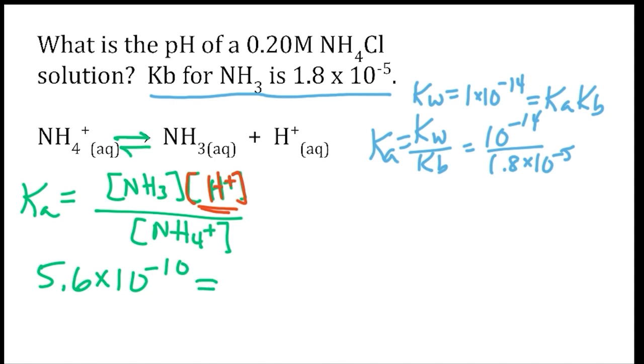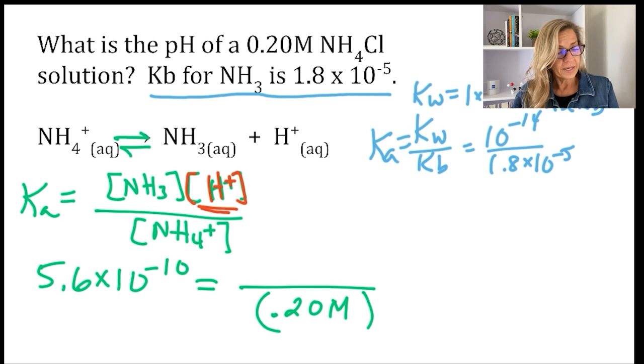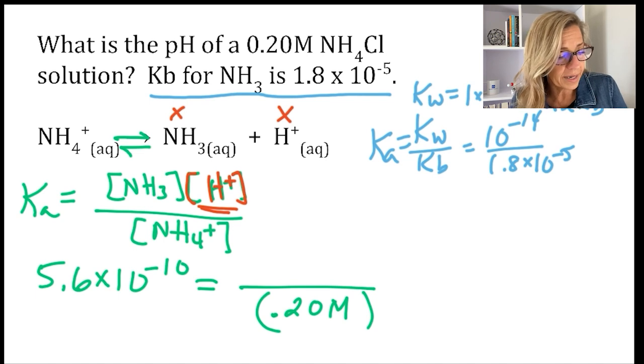Okay, now there you go. Now I don't know these concentrations of the two ions, but I do know the concentration of ammonium, and that is 0.20 molar. That's the concentration of ammonium. Now, how much of that ammonium is going to give off an H+? Well, can we just say that it's X? Can I let X be the amount?